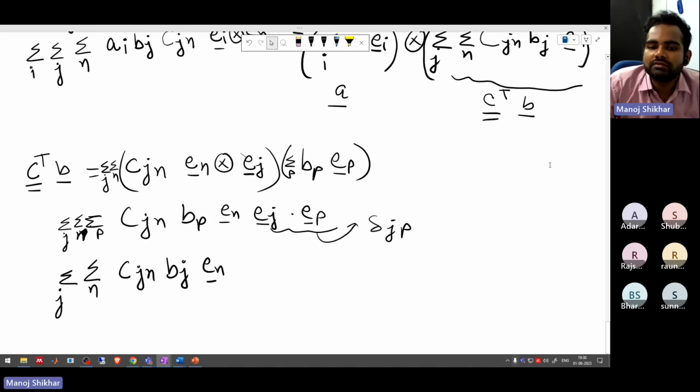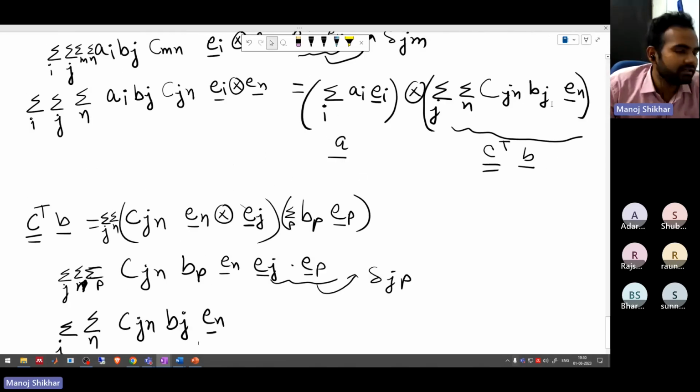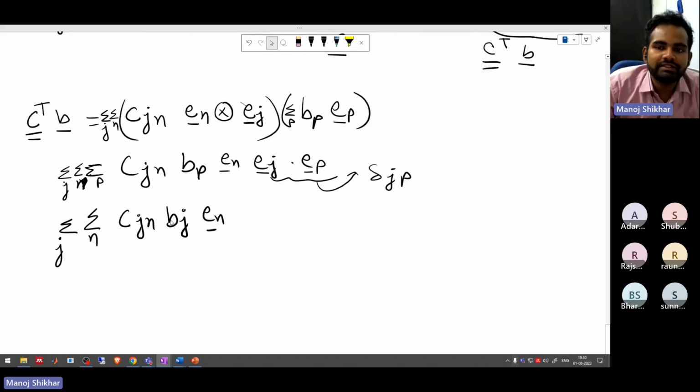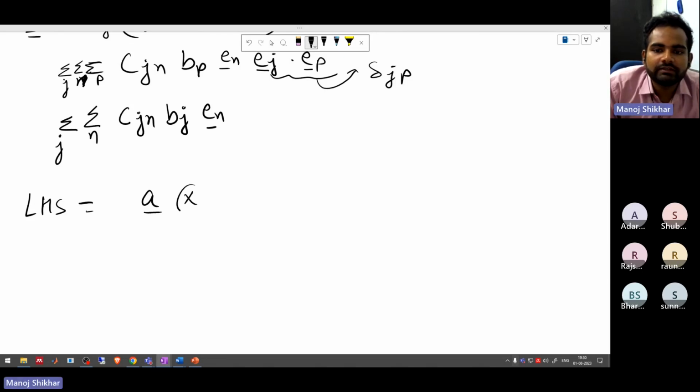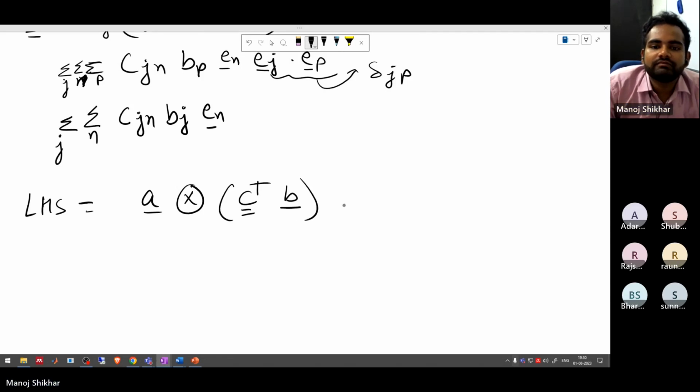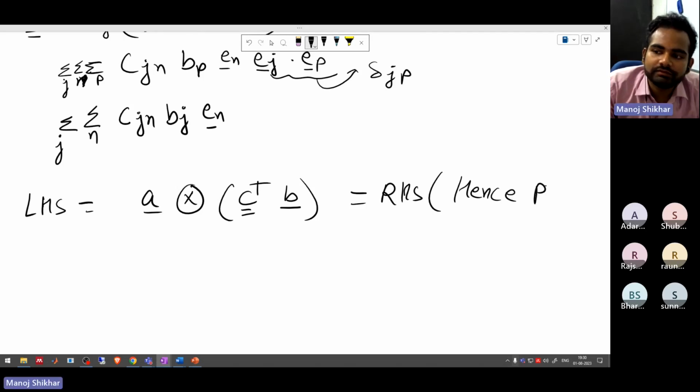Can you see these two are same? CJN, BJ, EN. Here also we are getting CJN, BJ, EN. So what we are essentially getting is LHS equal to A dyadic C transpose B, which is equal to RHS. Hence proved.